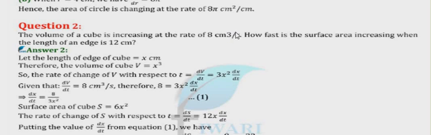So dV by dt will be 3x square dx by dt, like we have done in chain rule and in composite function.